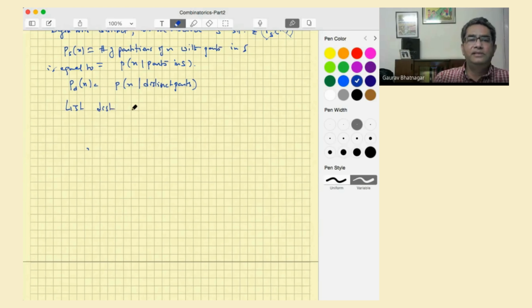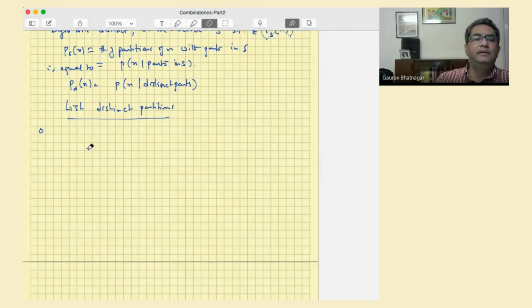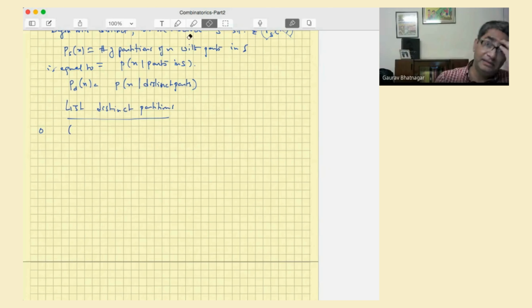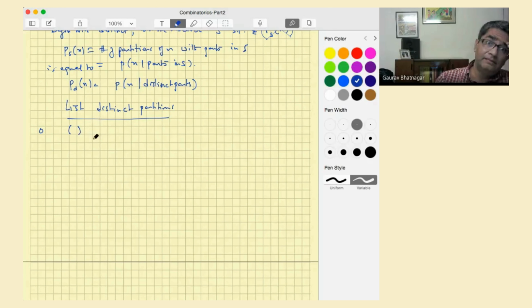Let's first list distinct partitions. So again, whenever it comes to listing, I find our approach a little bit easier. So we just have to add and subtract. So I'll just do that. So we are listing distinct here.